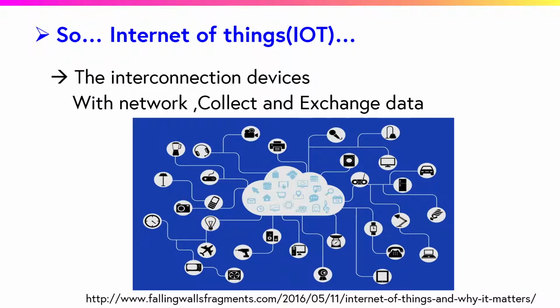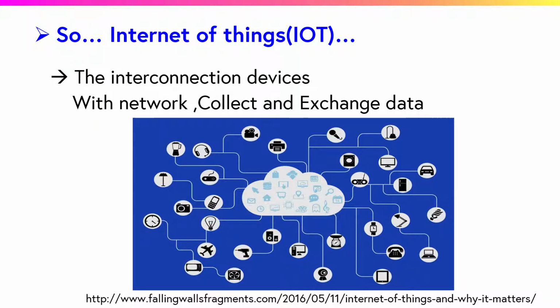The following figures indicate the possibilities of the Internet of Things. You can see as large as airplanes, as small as microphones, they can all be connected together through the internet to share data, exchange data, and provide certain kinds of applications for the users, the human beings.